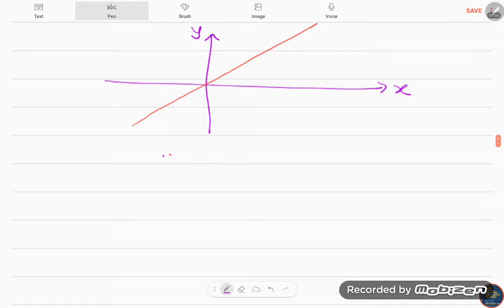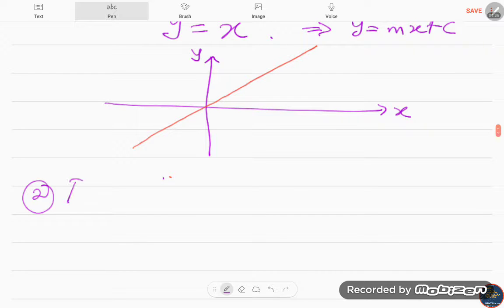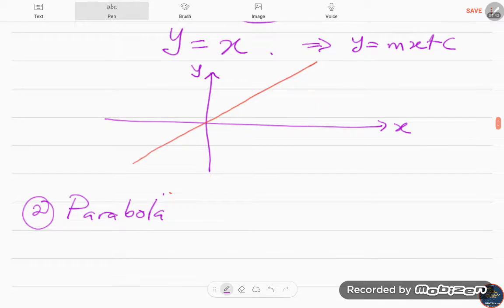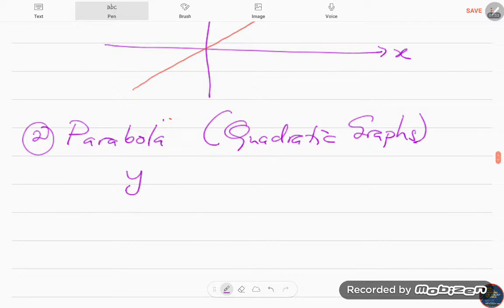We move on to the second one. We need to learn about the parabolas. Okay, these ones are also known as your quadratic graphs. Their format is such that y equals ax squared plus bx plus c.